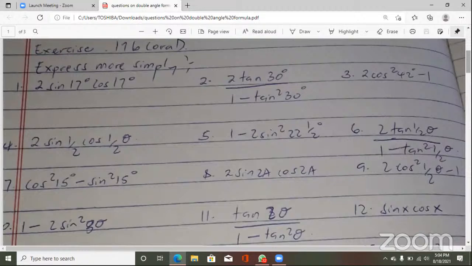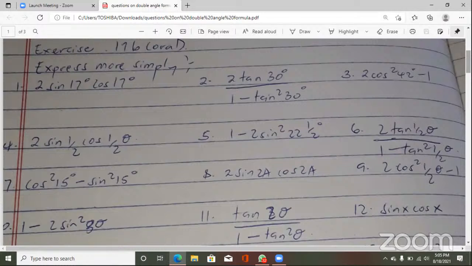Now this one here is very simple. So we said what is the sine of 2x? Sine of 2x is equal to 2 cos theta sine theta. So if we compare it with the first, number 1, isn't it in the same form? Yes, teacher, it is in the same form.